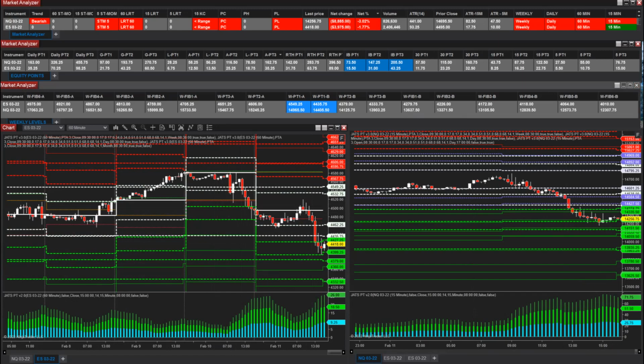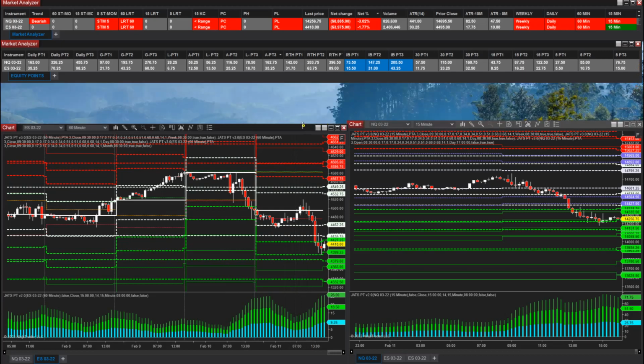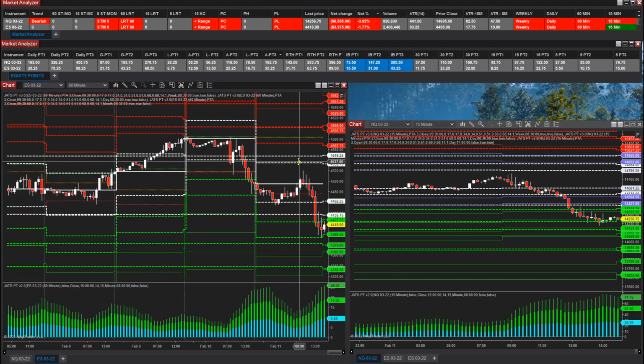So, in keeping with the 1, 2, 3, and I know where my levels are, I can put market analyzers up showing me weekly ranges so I can keep my eye on it, or I can put it on the chart. I prefer keeping my real estate for the screen, so I don't need another market analyzer because I have it right here on the chart.